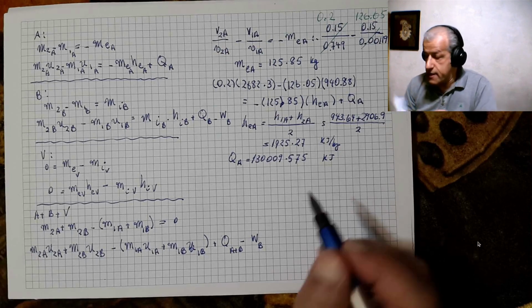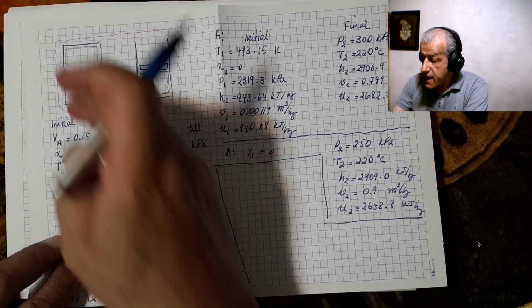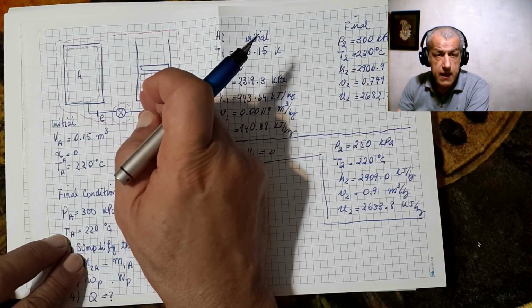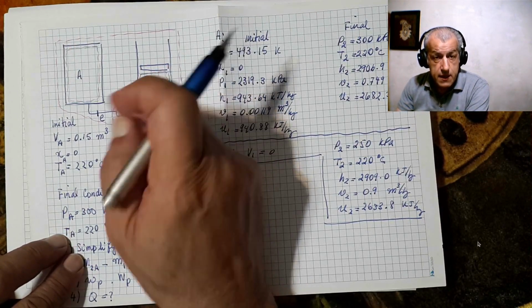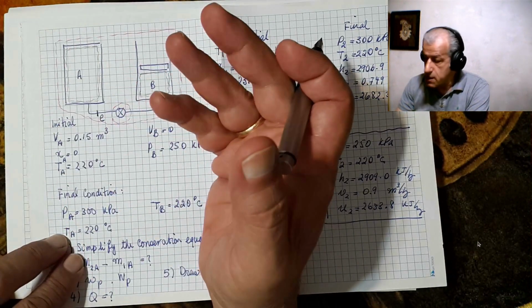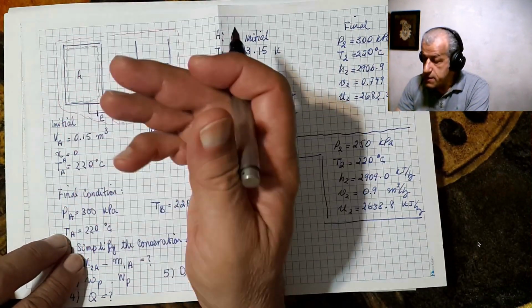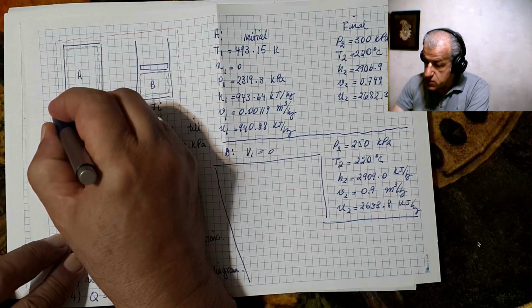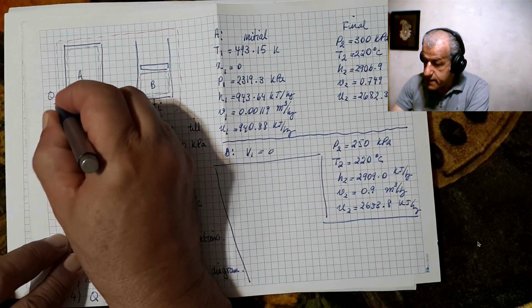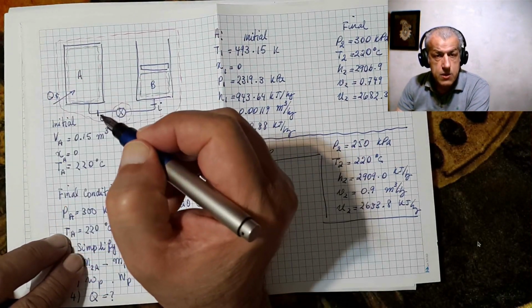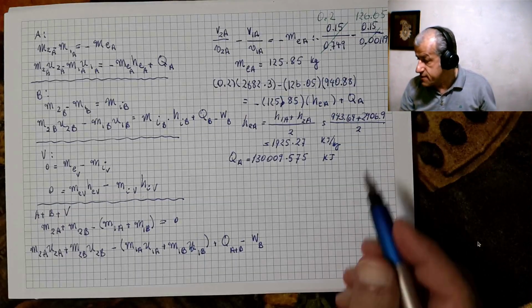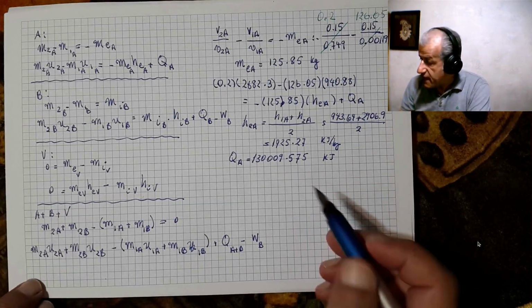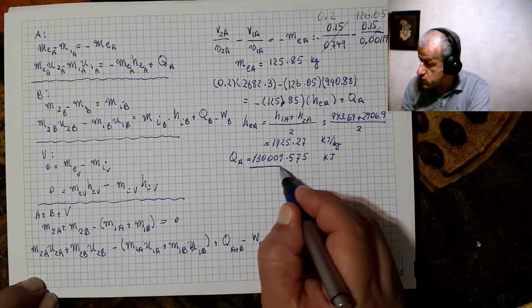There is energy leaving A, and therefore to keep the temperature constant, A should be heated, and the heat A requires to keep the temperature constant is just this value. This is QA.